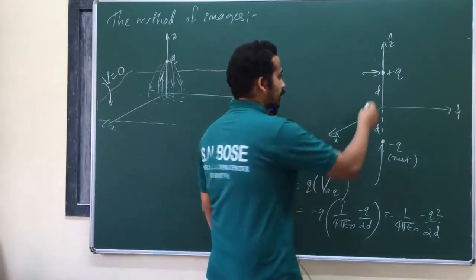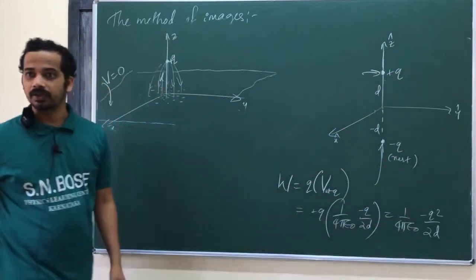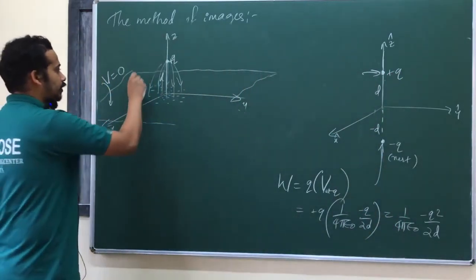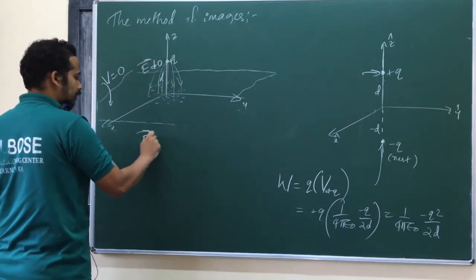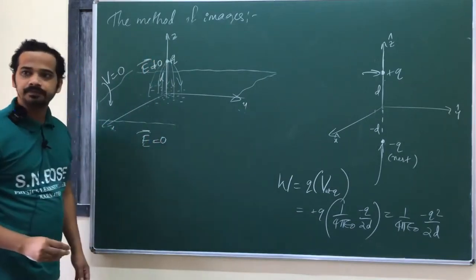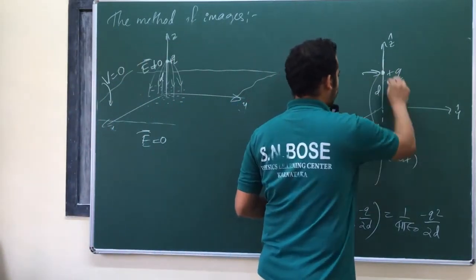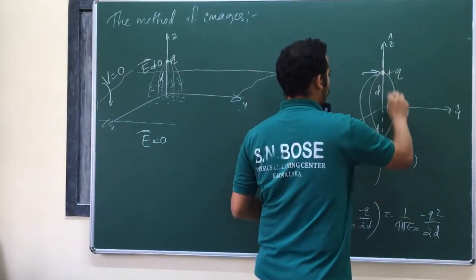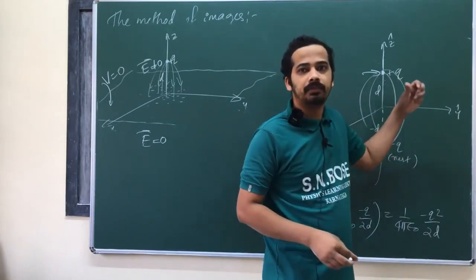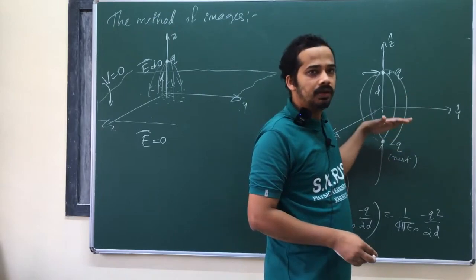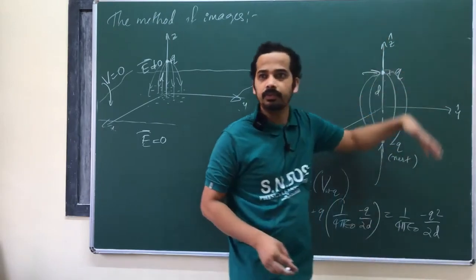But look at here. In this configuration, below the plane also has an electric field, isn't it? But in this configuration, only above the plane you have electric field. Below the plane you have zero electric field. If you forget about the direction of the electric field and think only about the electric field strength, its magnitude squared, that contribution is the same below the plane and above the plane.